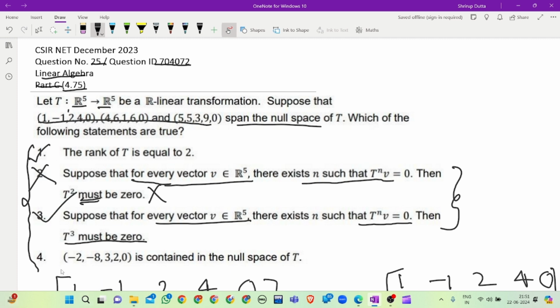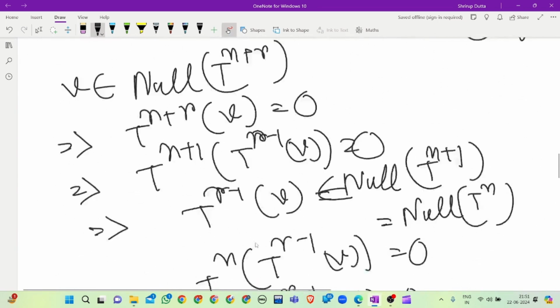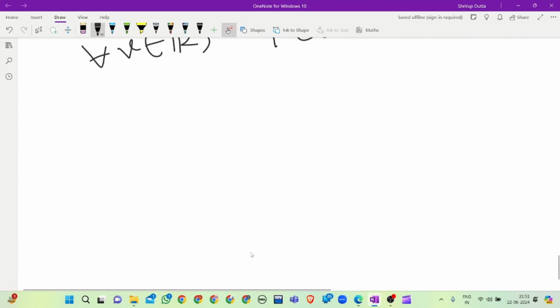Now we have to check whether the vector -2, -8, 3, 2, 0 is contained in the null space of T, and this is easy to check. If that vector is contained in the null space, we have null space 3 vectors.